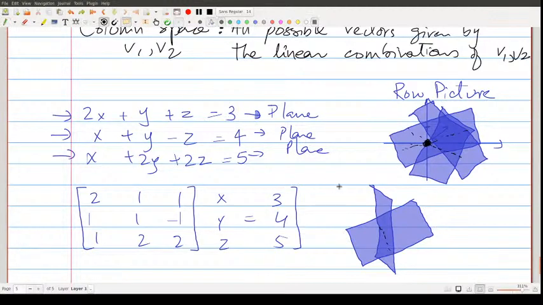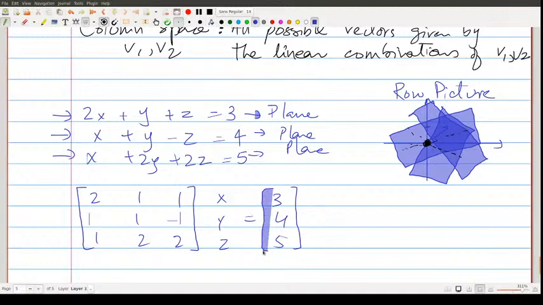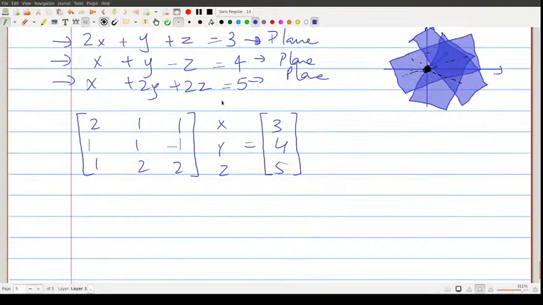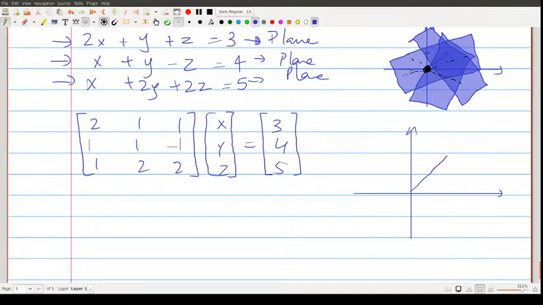Now you can see this picture is already a bit messy. I don't really want to deal with these planes, and if I go into 4 dimensions, I have no chance of visualizing this. But the column picture is still as neat and tidy as it is in 2 dimensions, right? So let's look at the column picture. This is my x, y, and z direction, right?